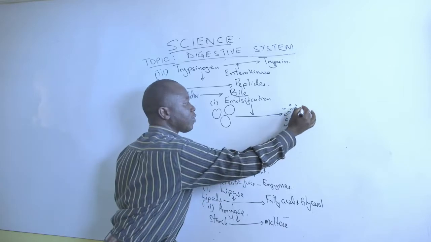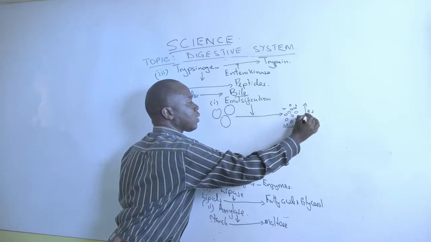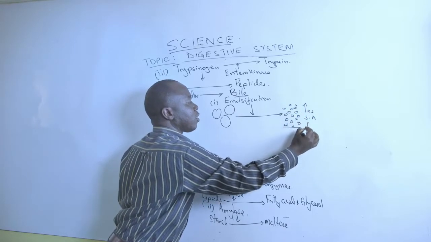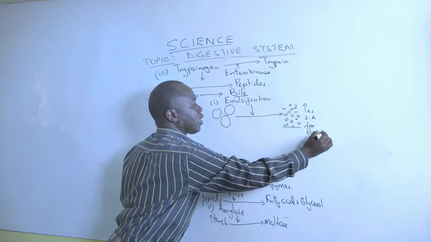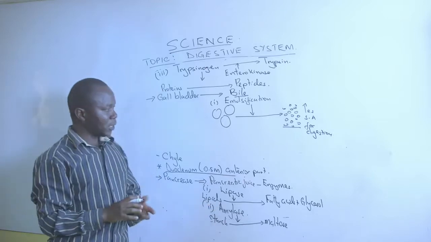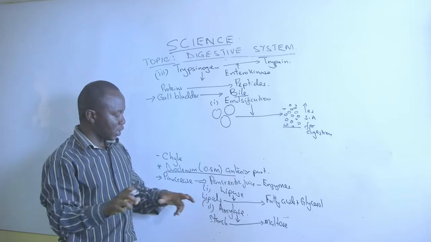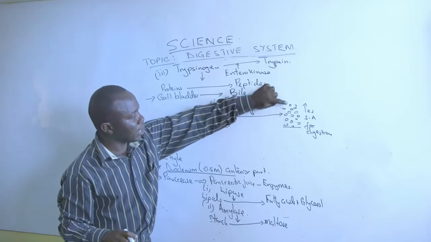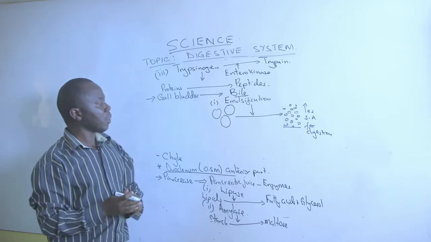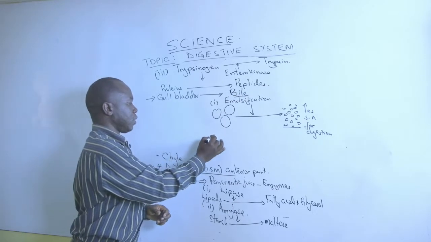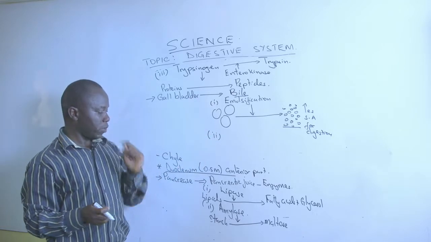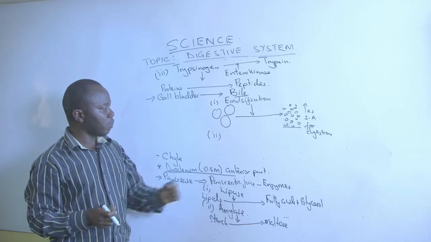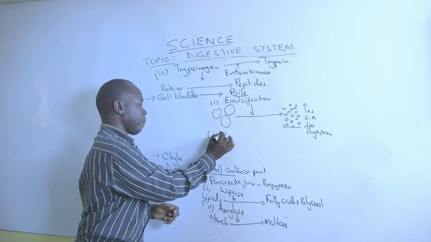This is to increase surface area for digestion, so that the enzyme lipase can get into contact with nearly each of those particles. And another role of bile is to provide the correct pH for the working of pancreatic enzymes.